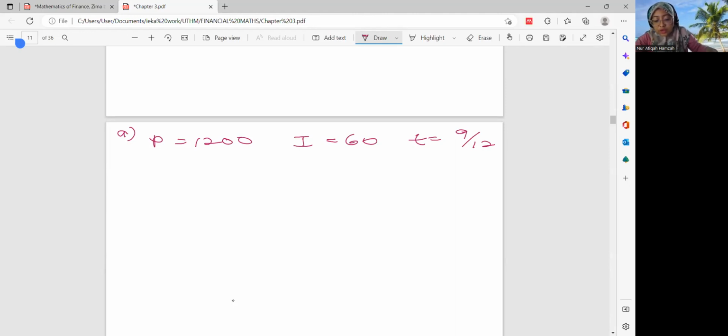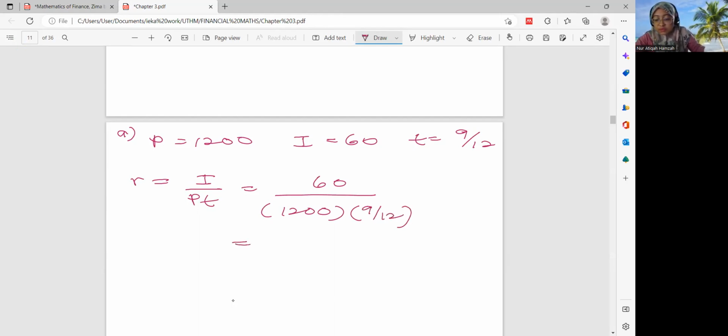We want to find the annual simple rate. So R is equal to I over PT. We have 60 over 1,200 times 9/12. So we have 6.67%.